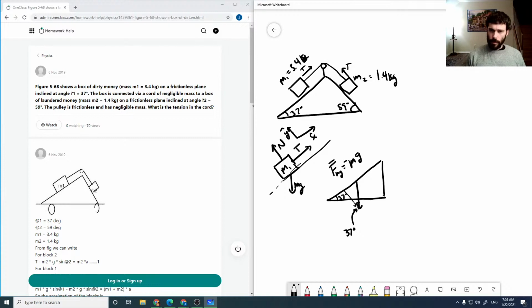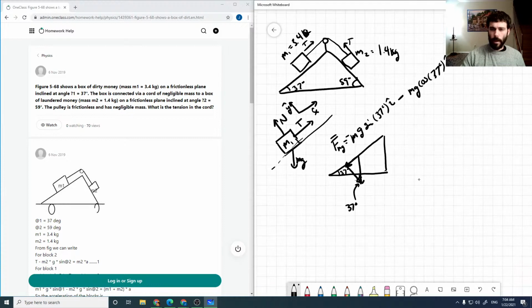So the x direction is going to be acting downwards, so minus mg sine of 37 degrees i hat, and then the y direction will also be acting downwards, so minus mg cosine of 37 j hat.